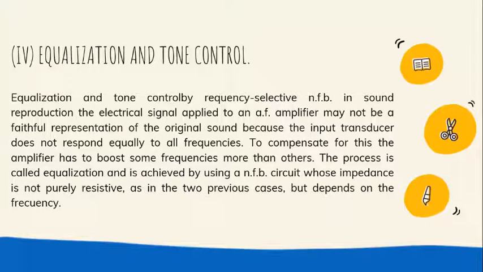To compensate for this, the amplifier has to boost some frequencies more than others. The process is called equalization and is achieved by using an NFB circuit whose impedance is not purely resistive, as in the two previous cases, but depends on the frequency.